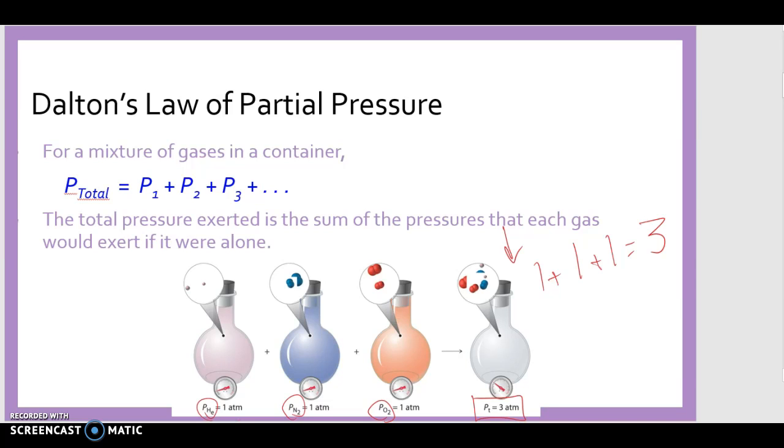With this law, you just need to make sure that the pressure units are the same for each of them. So it could all be mmHg, it could all be atm, it could all be kPa. But they all obviously need to be in the same pressure unit.